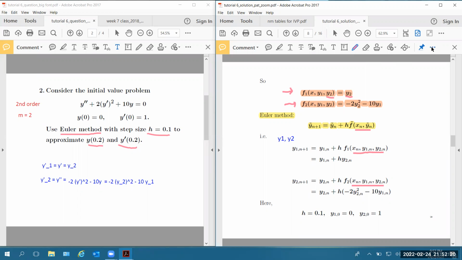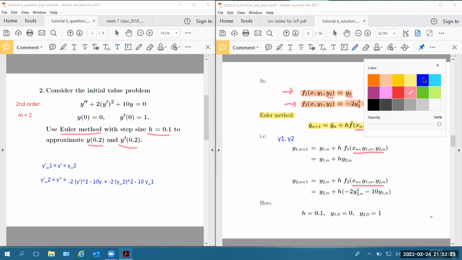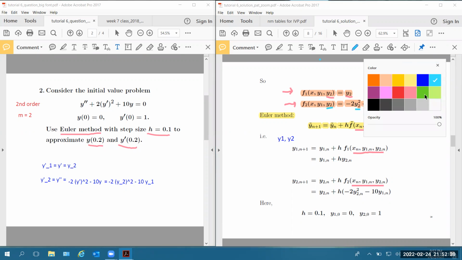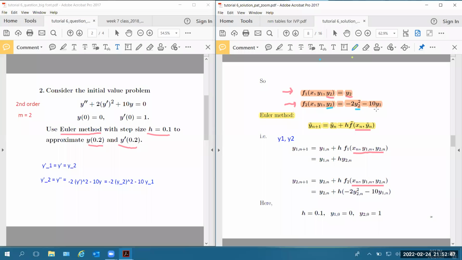Minus 2 y2 square. y2 is actually the last argument, right? So that means your last argument square. And then minus 10 y1. What's the meaning of y1 now? y1 here actually is the middle argument, right? Okay, so this is the rule.